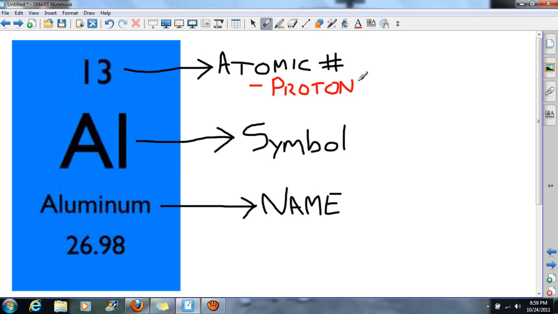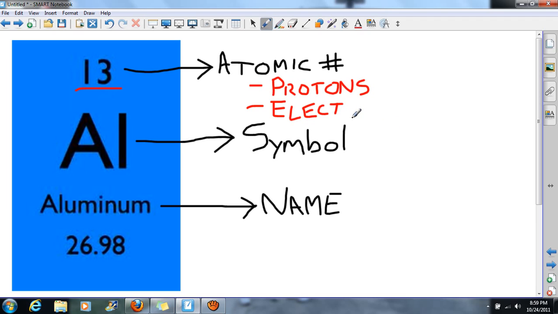So whenever you're looking at these symbols of elements on the periodic table, you look at the number at the top, right there, 13. This tells us that aluminum has 13 protons. The other thing that it tells us is that aluminum also has 13 electrons. Remember our story from yesterday, positive Paul and negative Nancy, opposites attract, they get along.